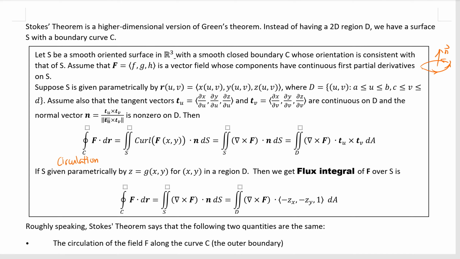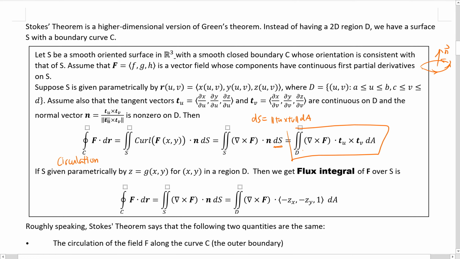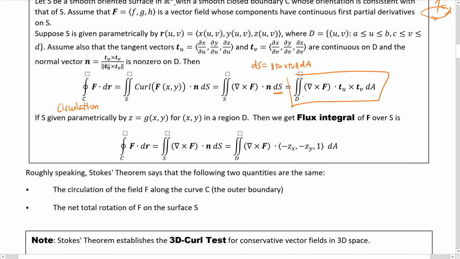But n is the cross product tu cross tv over its magnitude, and dS equals the magnitude of tu cross tv times dA, right? Then the magnitudes cancel, so we just have this formula. So this is how we calculate. Okay? All right.